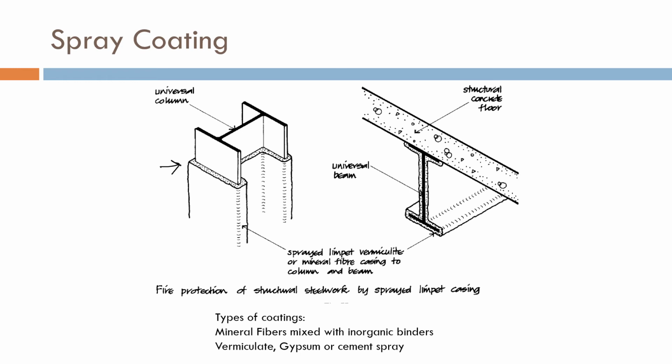Over here it is on the column and over here it is on the beam. The types of coating that can be done are mineral fibers mixed with inorganic binders, vermiculite, gypsum or cement spray. So you can spray a coating of these things on a structural member to protect it from getting exposed to fire.